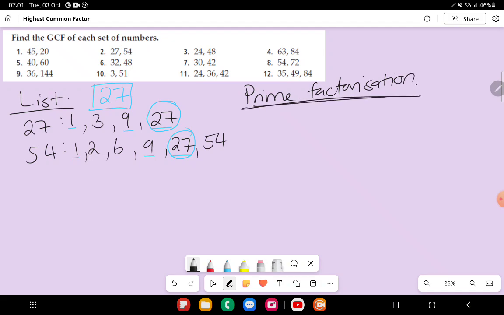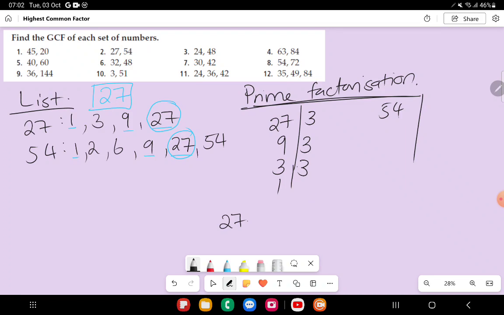So if I use the ladder method, I can say 27 and 54. So 27 divided by 3 gives me 9, divided by 3 gives me 3, divided by 3 gives me 1. So the factors of 27 are going to be 3 times 3 times 3.